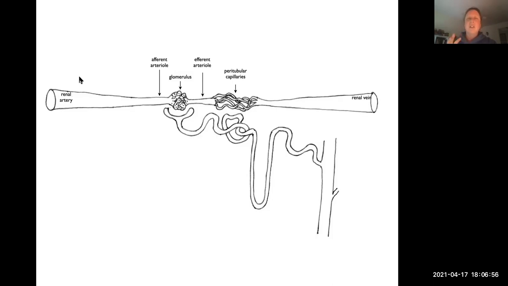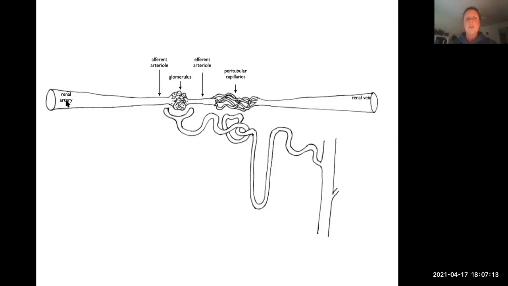So rather than looking at this where it's anatomically correct and the vessels are going between the lobes and over the arcs and all of that, let's take the circulation and stretch it out so that it's a straight line.